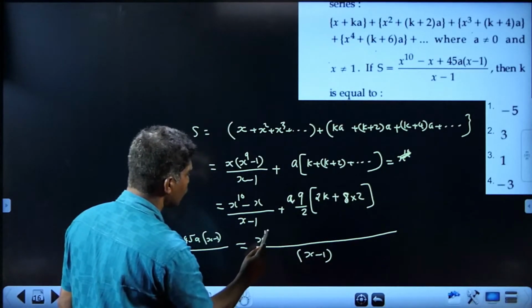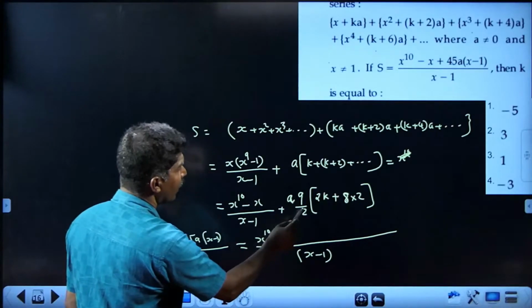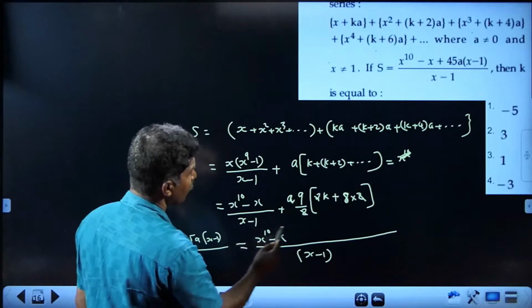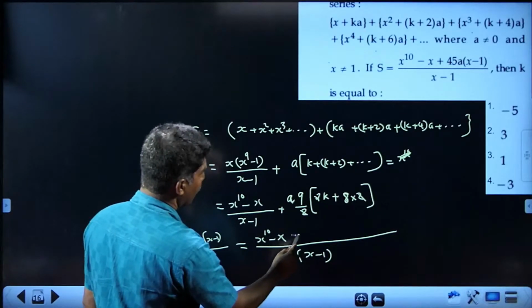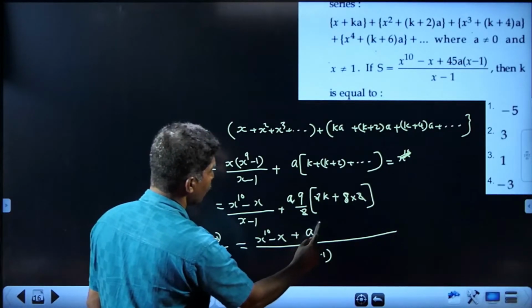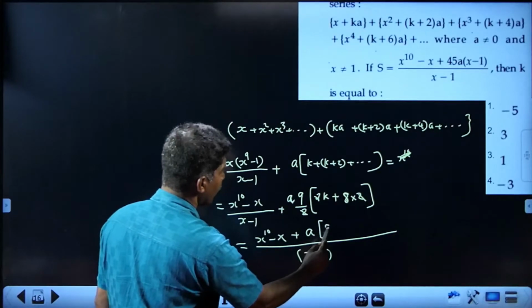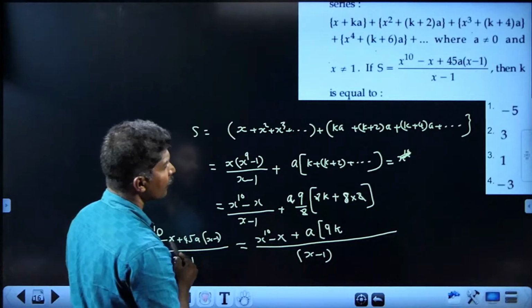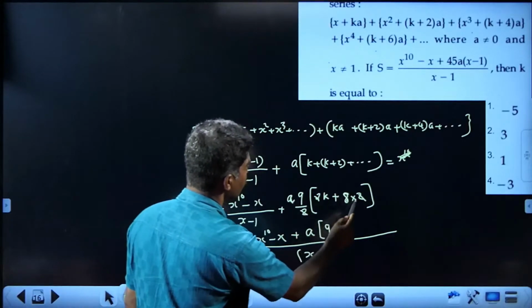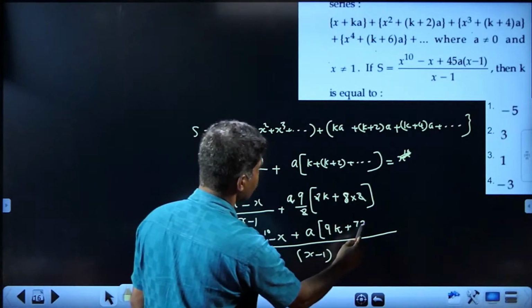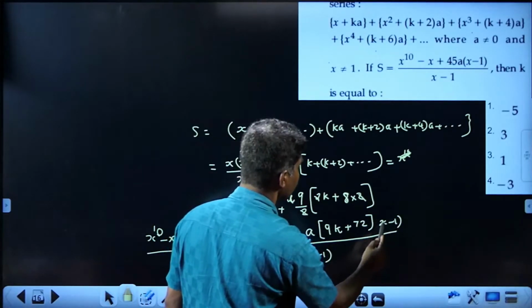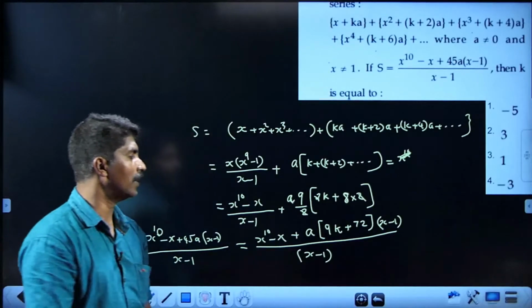So x raised to 10 minus x is here, and this 2 and this 2 are cancelled. What remains now? Plus a into 9k plus 72 into x minus 1.